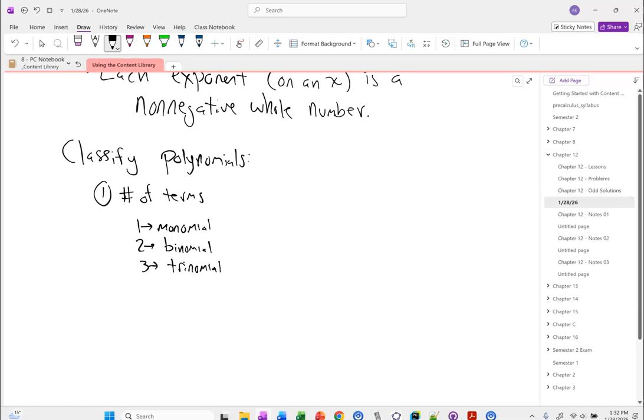If our polynomial has just one term, we call that a monomial. If it has two terms, we call it a binomial. If we have three terms, it's a trinomial. Typically, we don't give a name for anything past three terms because they don't commonly come up.